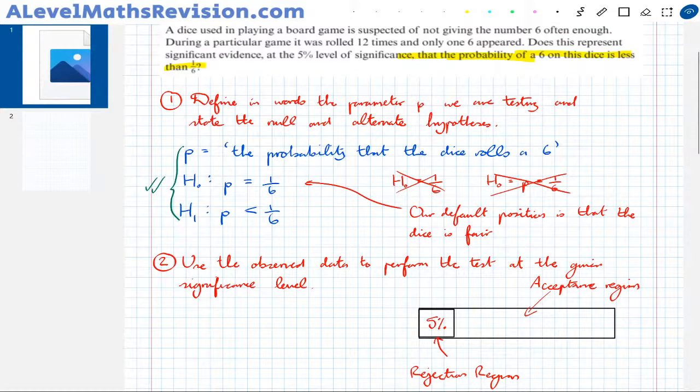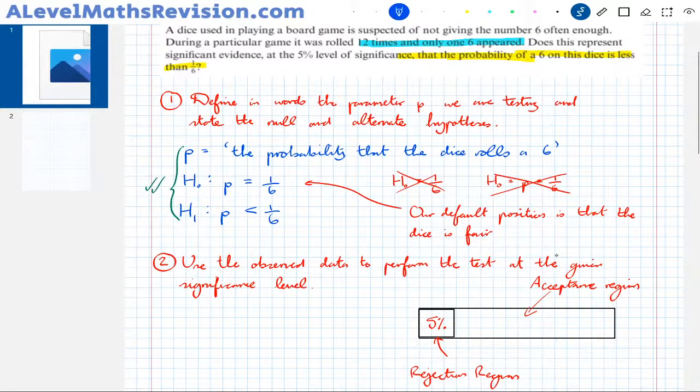So we're saying the probability of rolling a six on a dice is less than a sixth. So we're going to do an experiment to try and prove it. So we do the experiment. We roll the dice 12 times. And we see there's only one 6 that appears.